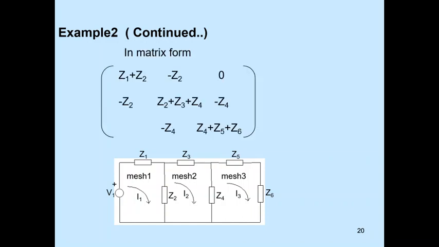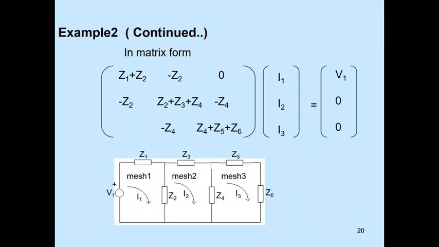In the matrix form, the first row of the matrix is Z1 plus Z2, minus Z2, 0. The second row is minus Z2, Z2 plus Z3 plus Z4, minus Z4. And the third row is 0, minus Z4, Z4 plus Z5 plus Z6, into I1, I2, I3 is equal to V1, 0, 0.